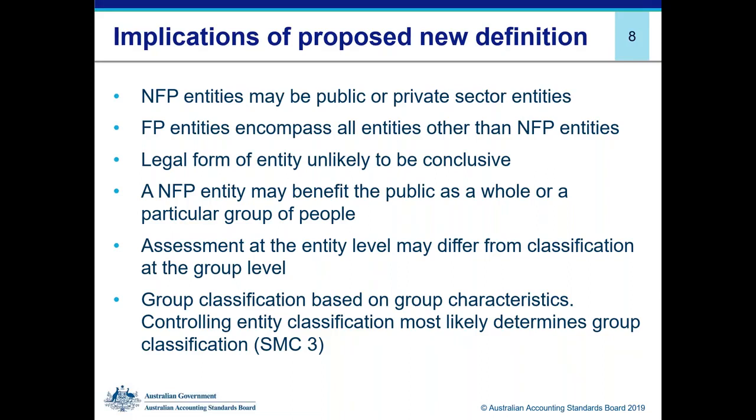And just to provide some further assistance there, the proposal is that the classification of the controlling entity would most likely determine the group classification. Now that says most likely, so that means there's room for judgment. And I think we would certainly find it useful to receive comments on this question. What would be the effect on classification of the group if the controlling entity had only very minor activities compared to other entities in the group?